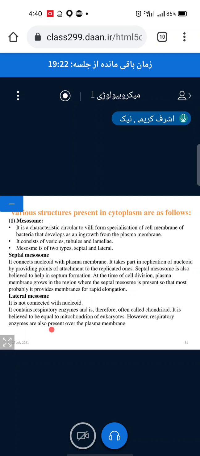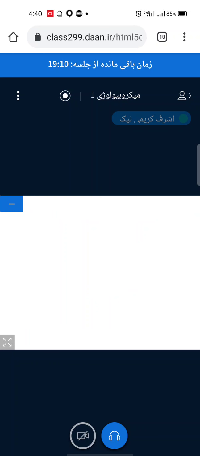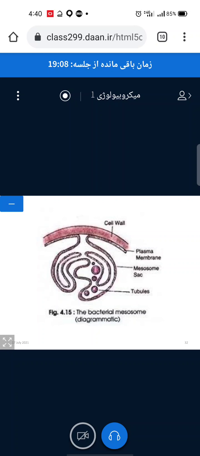However, respiratory enzymes are also present over the plasma membrane. This is the structure of mesosome. You can see the cell wall, a thick layer, then the thin layer, the plasma membrane, and the mesosome.